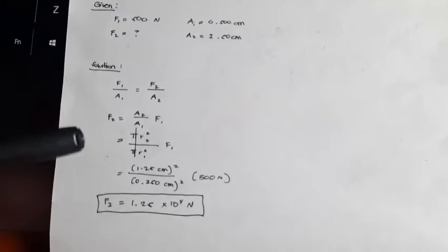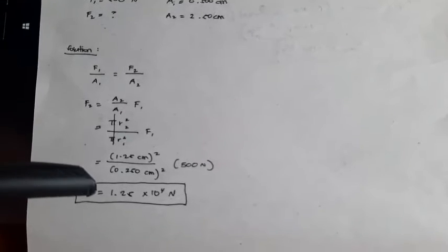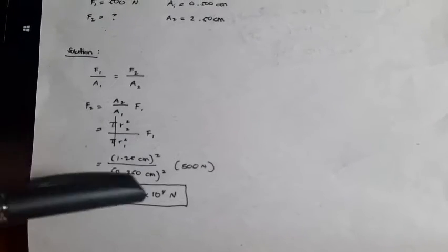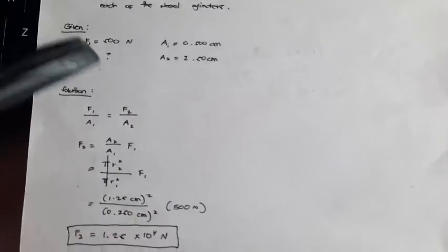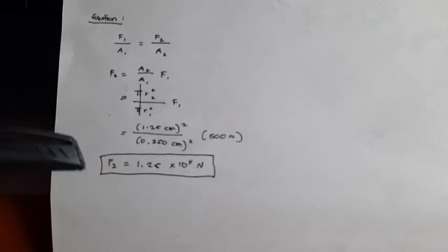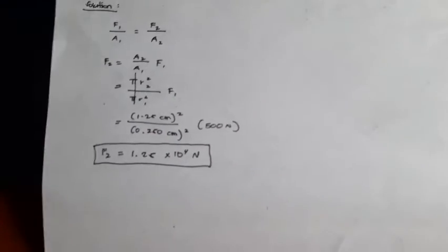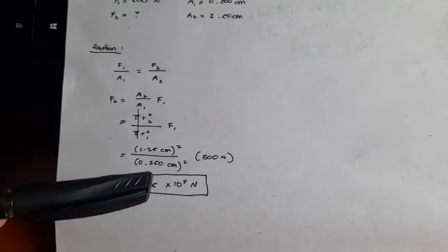Since the values are given, we just distribute. So, A2 is 1.25 cm squared, then A1 is 0.250 cm squared, times 500 Newton for F1. Then simplify. So, F2 is equal to 1.25 times 10 raised to the 4th power Newton.